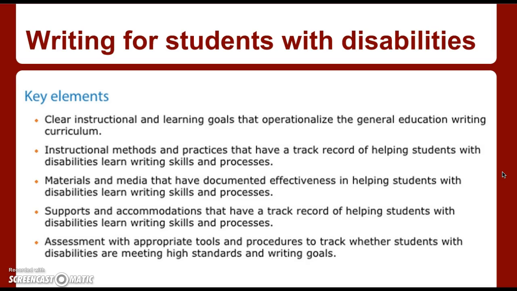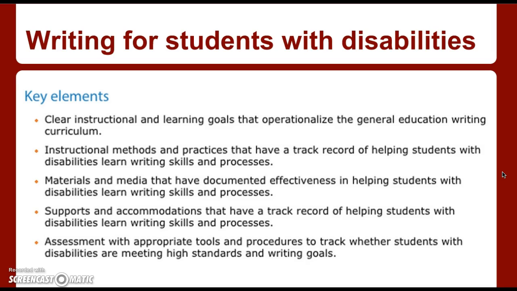The key elements that we need to focus on are clear instructional and learning goals that help them reach the general education writing curriculum. It's also important for our instructional methods and practices to have a track record of helping students with disabilities learn writing skills and processes.